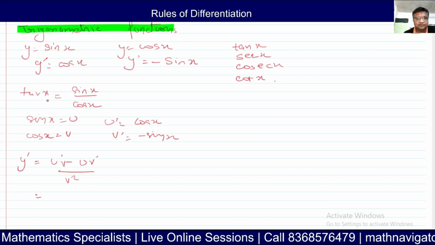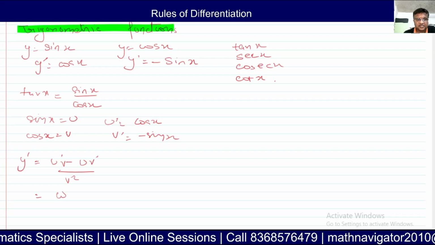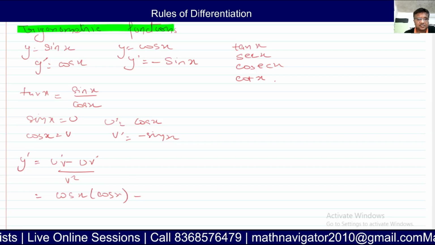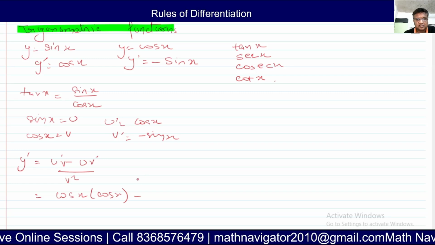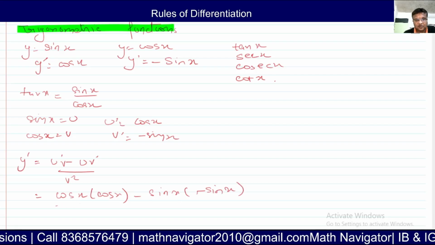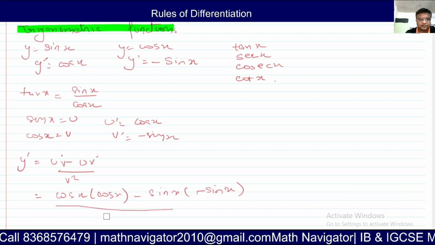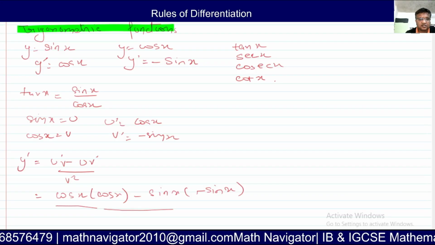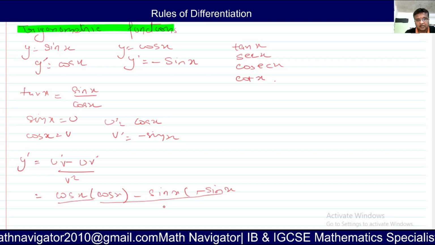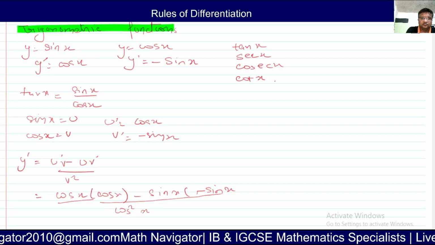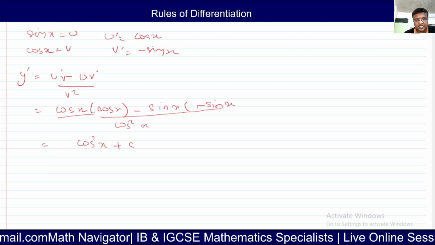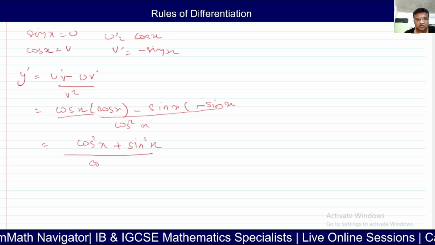u derivative, which is cos x, times cos x, minus sin x times minus sin x, over cos squared x, which will give me cos squared x plus sin squared x over cos squared x.